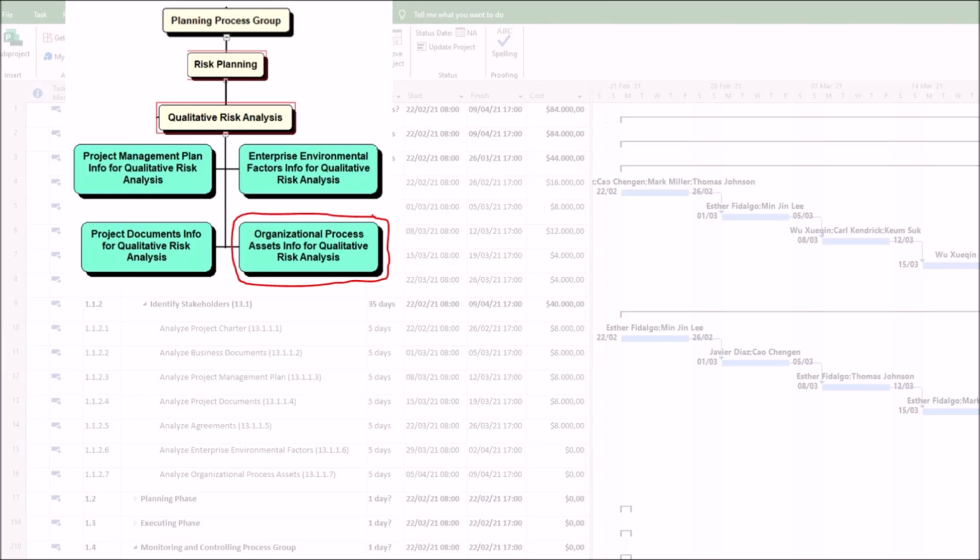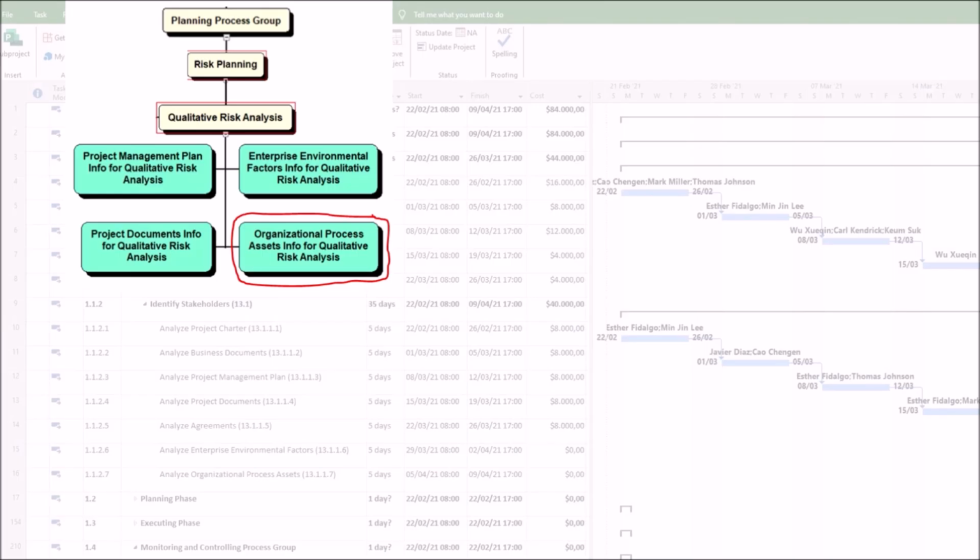Second, inconsistent, risks cannot be compared across projects, and portfolio-level risk management becomes meaningless. Third, inefficient, every project starts from scratch, reinventing scales and matrices. Fourth, less credible. Decisions made from the analysis may be questioned due to a lack of a standardized, approved basis.